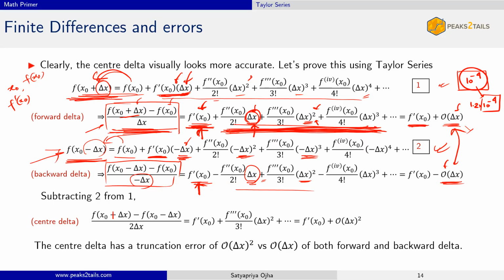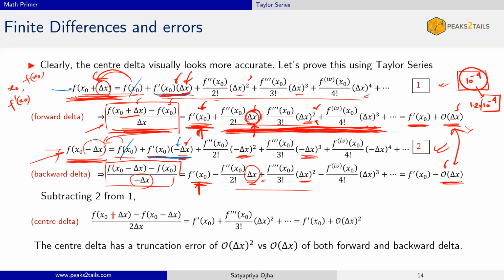So if you do minus this, what will happen is, this will get cancelled. f dash x0 times delta x minus minus this guy will be 2 times f dash x0 delta x, because there is a minus sign here already. I'm subtracting equation 2 from equation 1, okay?